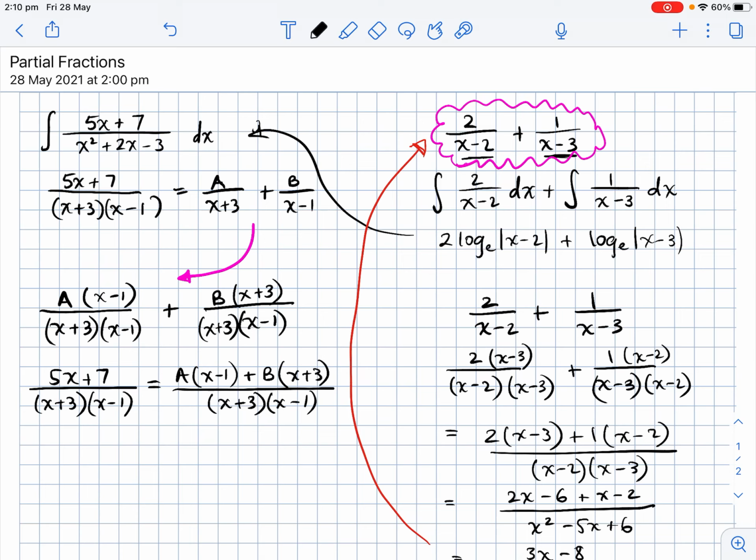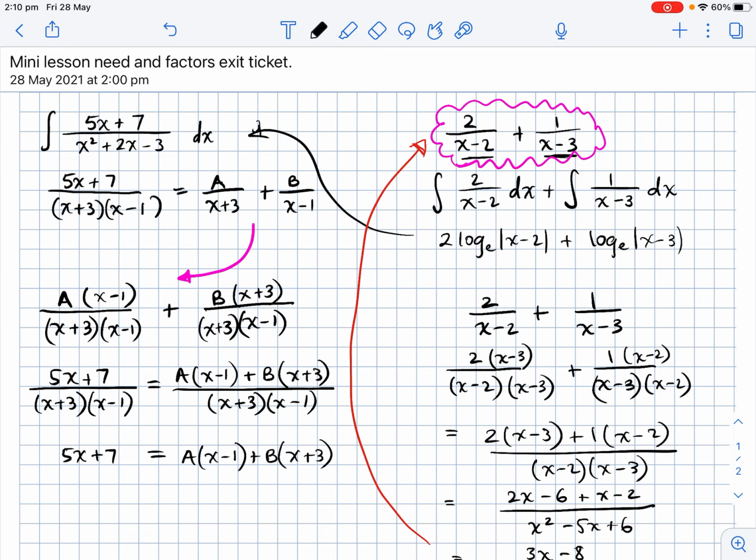And because both of our denominators are equivalent, I can then go one step further and say that 5x plus 7 must be equivalent to a times x minus 1 plus b times x plus 3.